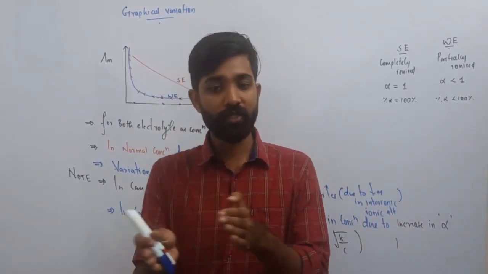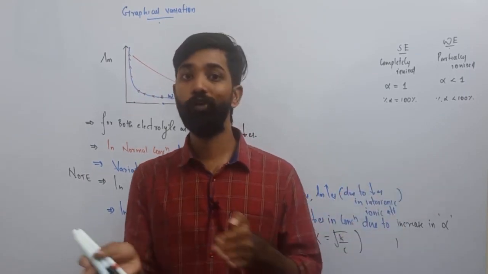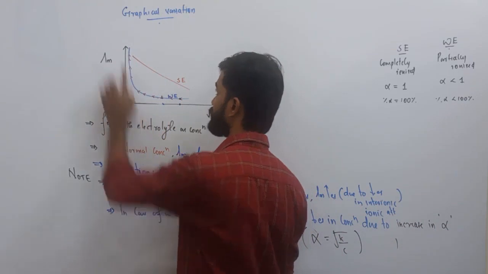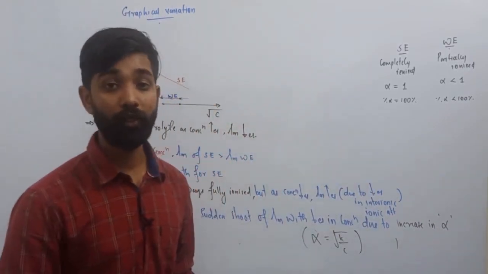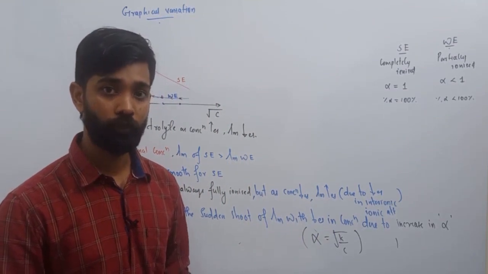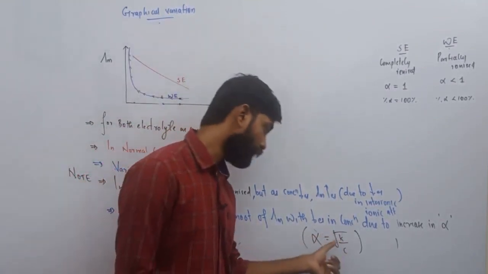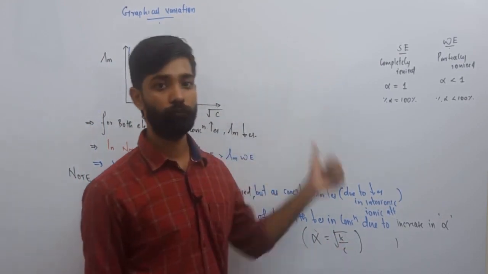But if we decrease the concentration to a particular extent, or increase the dilution to a maximum, the alpha becomes full.